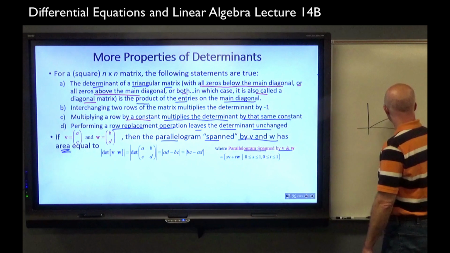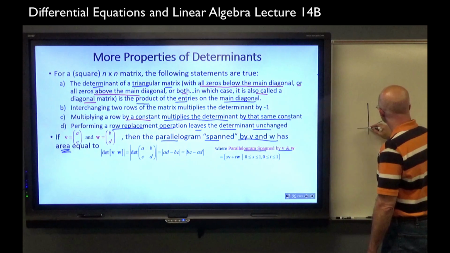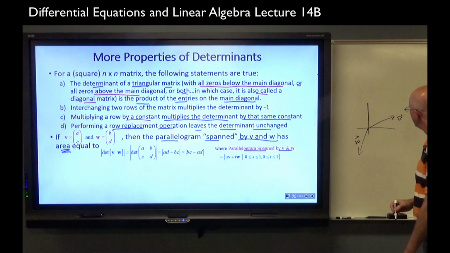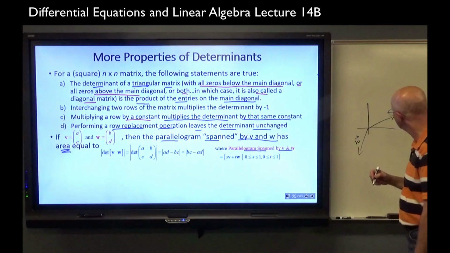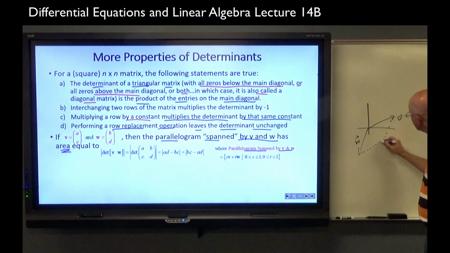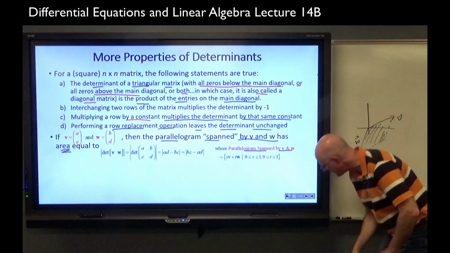So if V looks like this, and well, let's make W go down this way. We want the set of all points that can be formed by linear combinations of V and W where the weights are between 0 and 1. And that is going to turn out to be this parallelogram right there. That's going to be the parallelogram spanned by those two vectors.